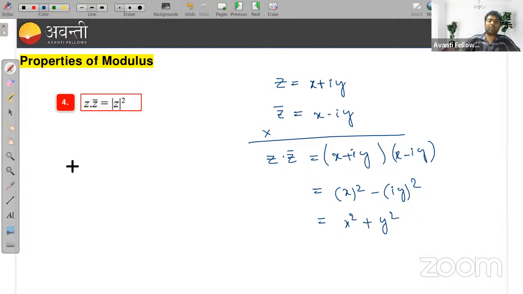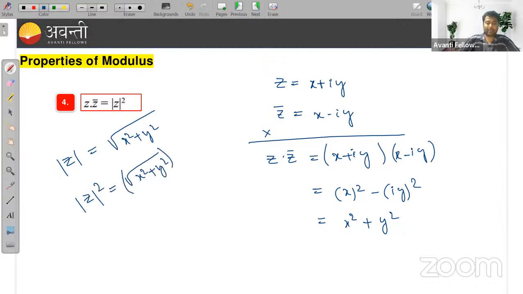So this is actually the same as mod z square. What is mod z here? Modulus of z is the root of x square plus y square. So the square of the modulus of z is the root of x square plus y square, whole square, which becomes x square plus y square.